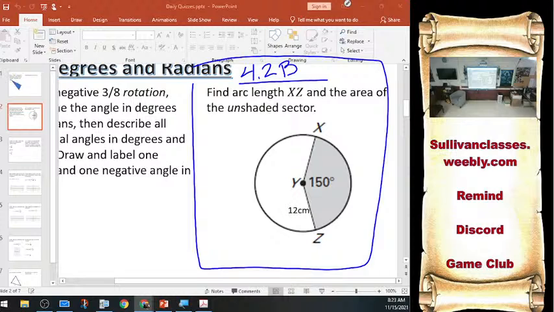Can everyone tell which part is shaded? Right side? It's a little bit fuzzy up there, but right side is shaded.